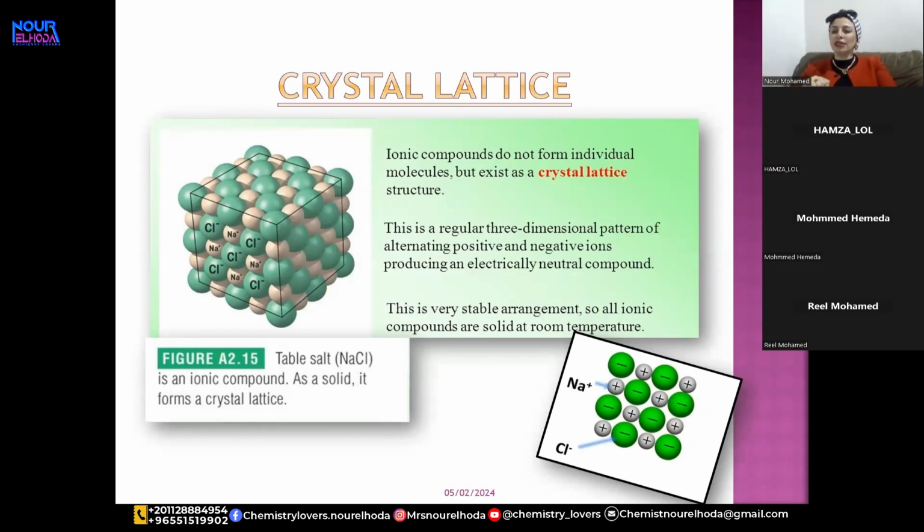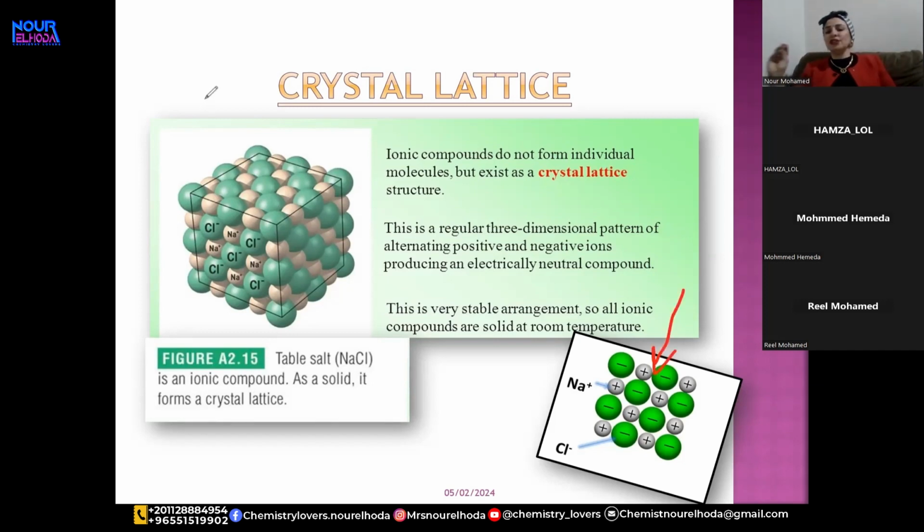What do I mean by lattice? If you get any salt from the kitchen, you're going to find it's in the form of crystals. Since it's crystals, this is the lattice structure. NaCl, NaCl, NaCl, same as this one.